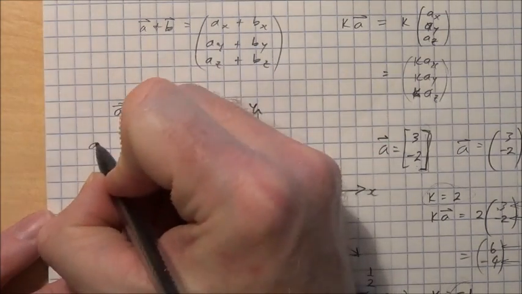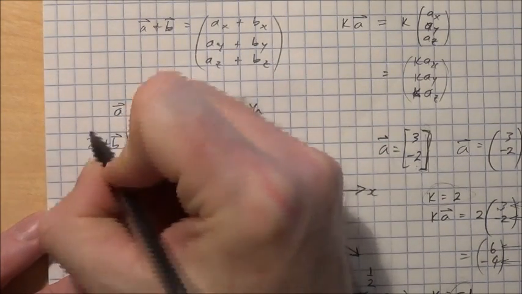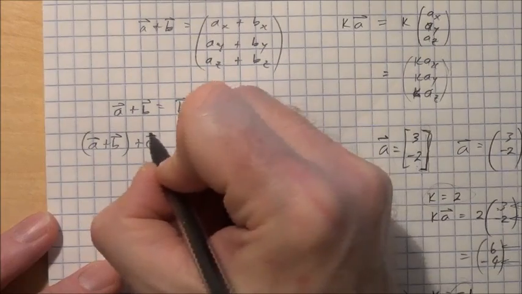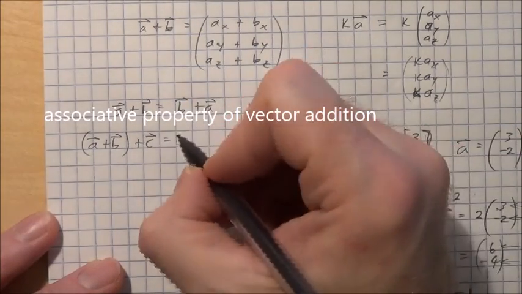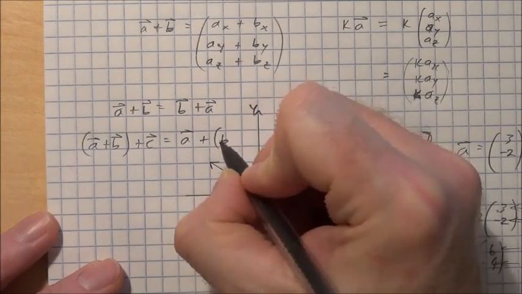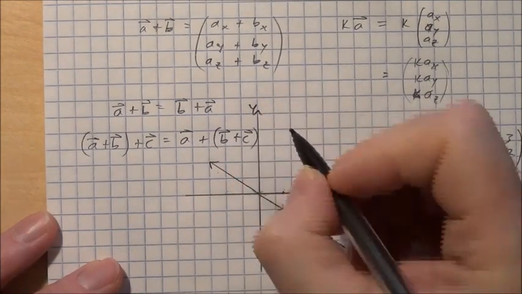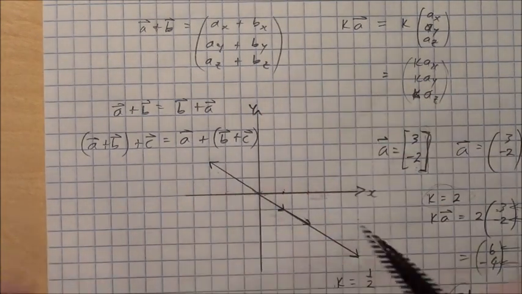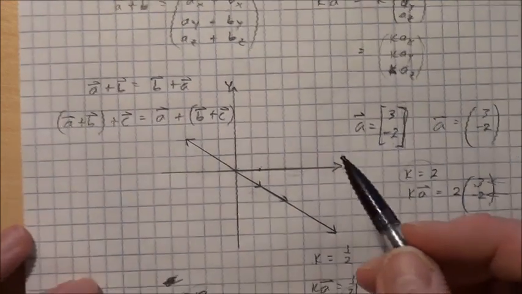The associative property holds. So if we were to add two vectors together and then add a third vector, that would be the same as adding one of the first two vectors with the sum of the second and third vectors. It would give you the same thing. So that's the associative property.